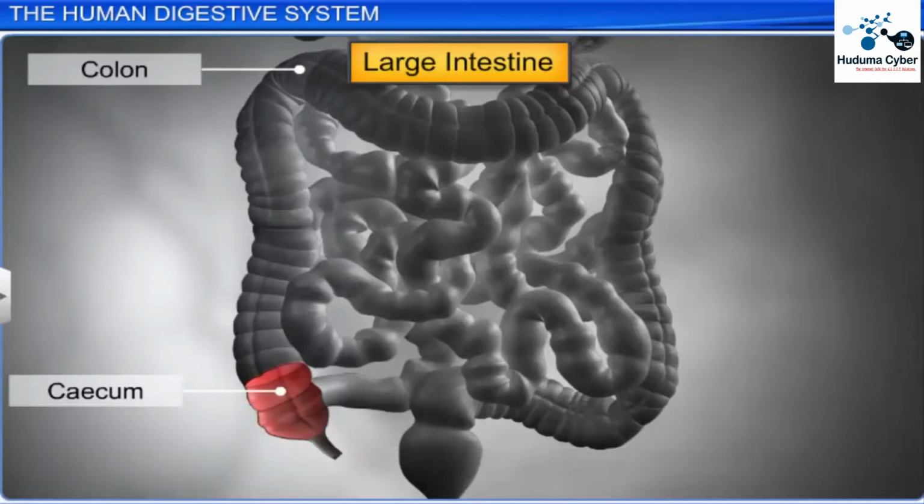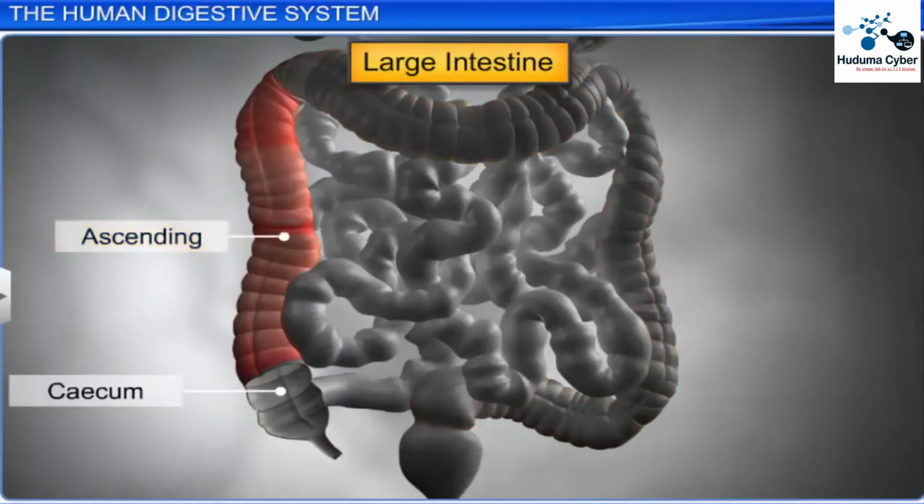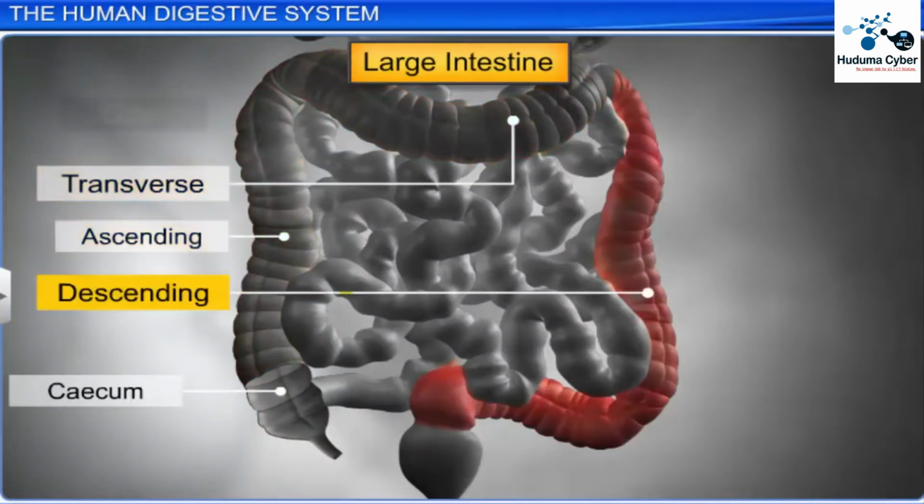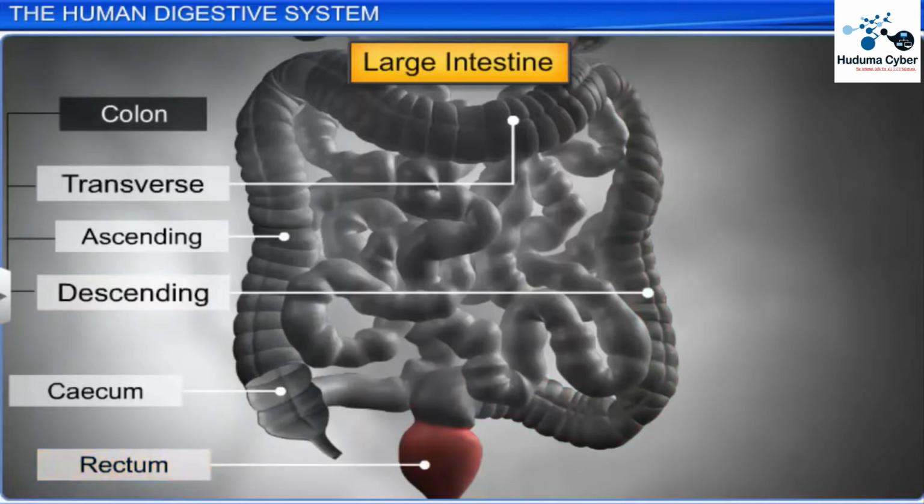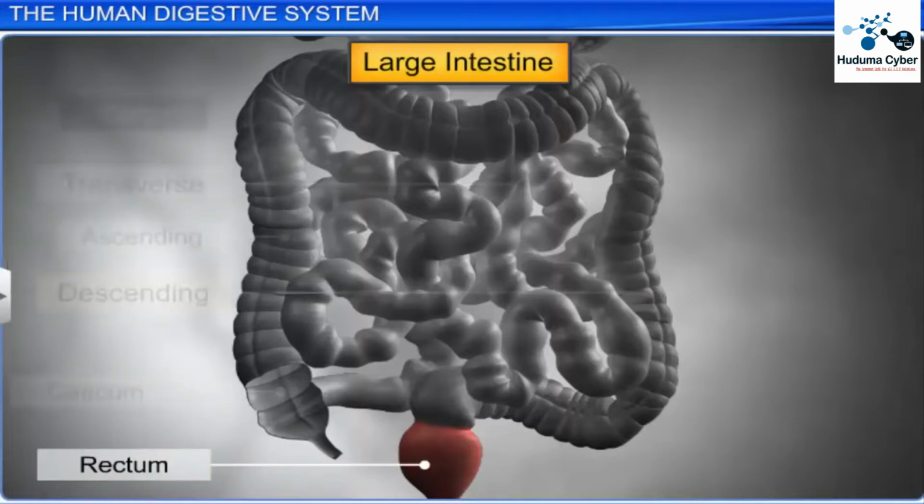The cecum opens into the colon, which is divided into an ascending, a transverse, and a descending colon. The descending part of the colon leads to the rectum, a bag-like structure which stores undigested food as fecal matter till it can be passed out.